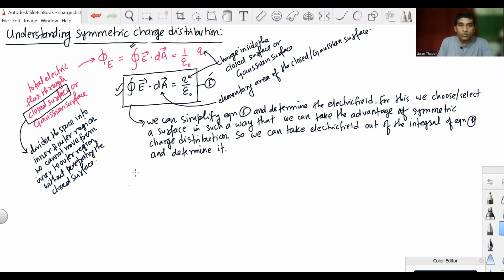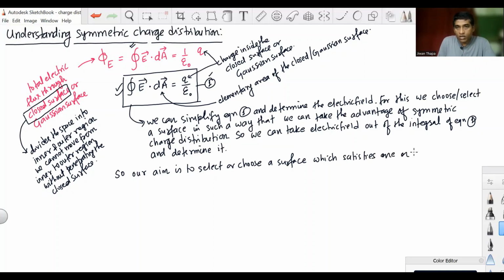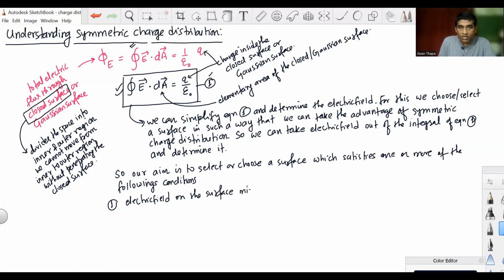So our aim is to select or choose a surface which satisfies one or more of the following conditions. 1, electric field on the surface must be constant. I'm going to discuss it later.